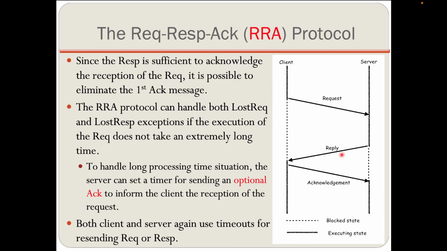So if a new request comes in following this reply, then this ACK for the response can be eliminated also. That's why eventually we will have this reduced protocol, the request-response protocol.